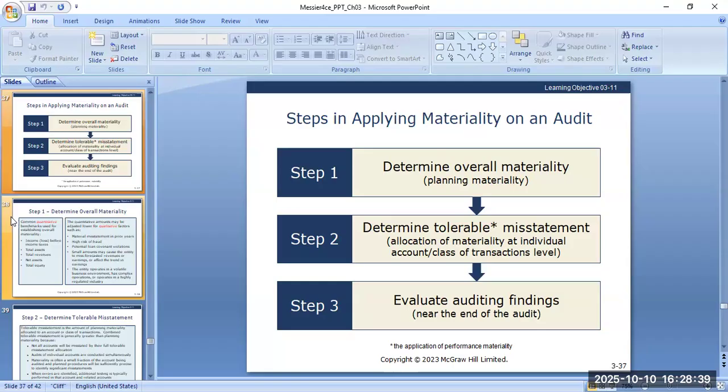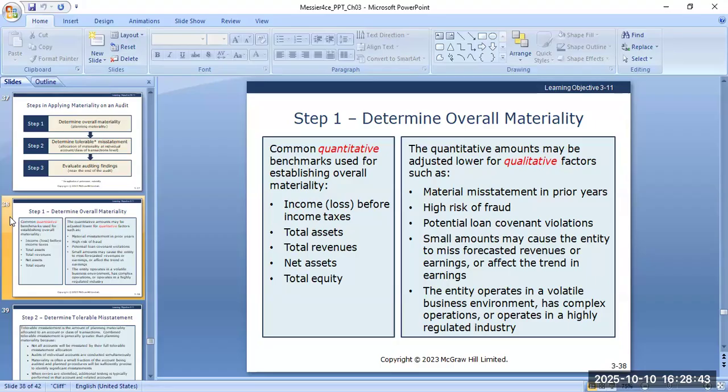Our first one, the overall materiality, is the size of the mistakes that will not affect the decision maker's decision, even knowing that there's a mistake inside.